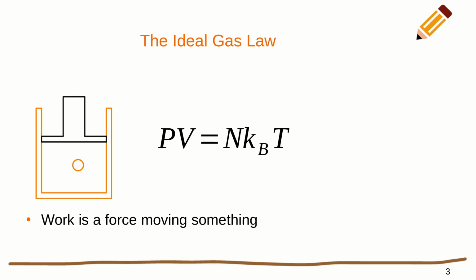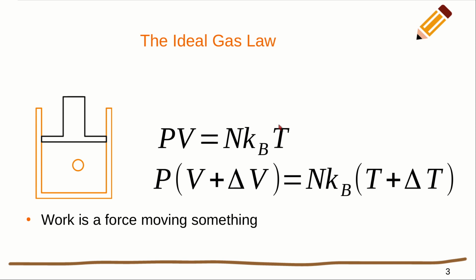So in order to move the piston without adding particles, the thing to do would be to increase the temperature right here. So if we change T to T plus delta T, we now have N k_B times (T plus delta T). And so if you make the right-hand side of the equation bigger, the left-hand side has to get bigger.